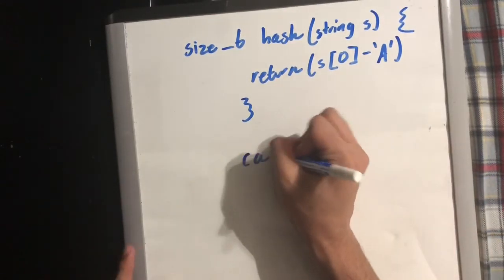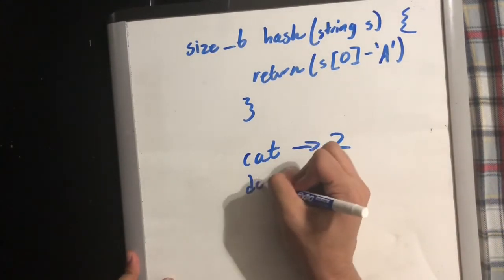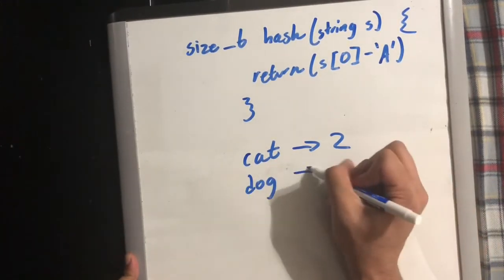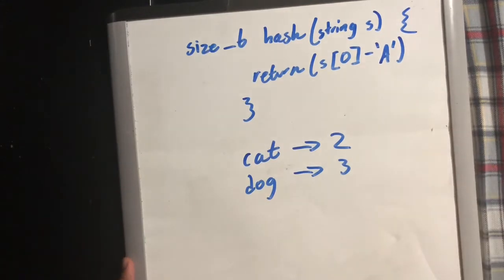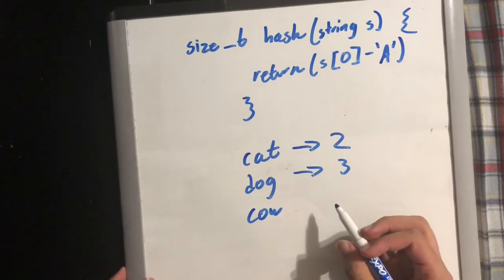So cat would return 2. Suppose we had dog. Well, D minus A is 3, so that maps out to the third bucket. Suppose we had cow, and we wanted to map that out.